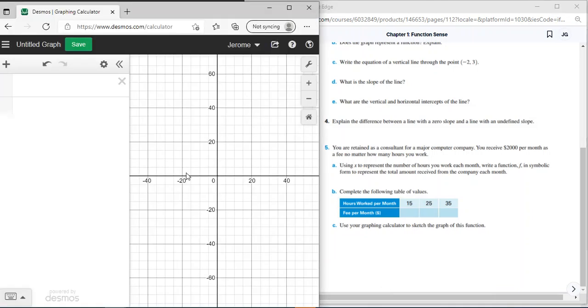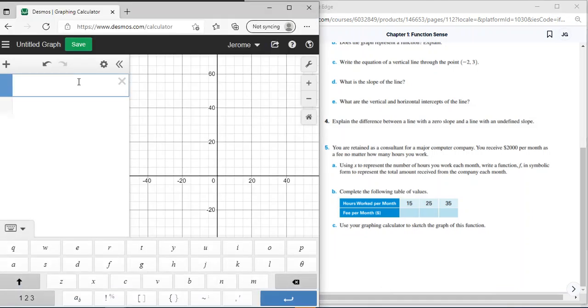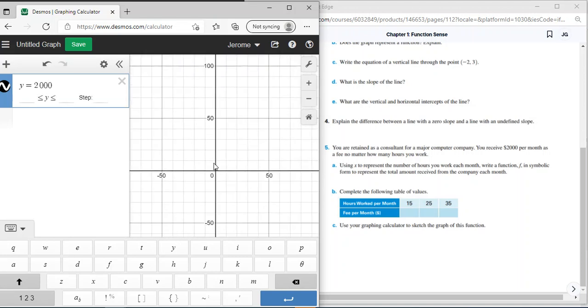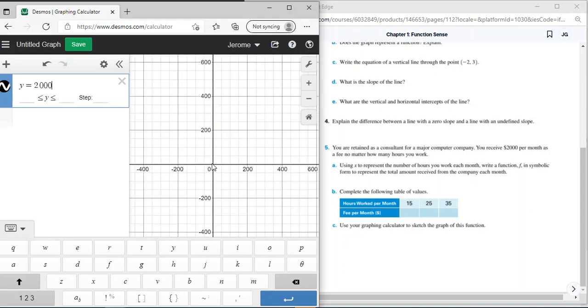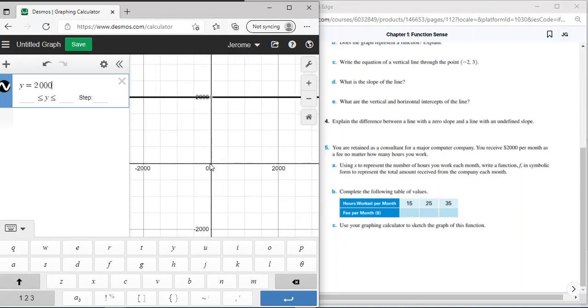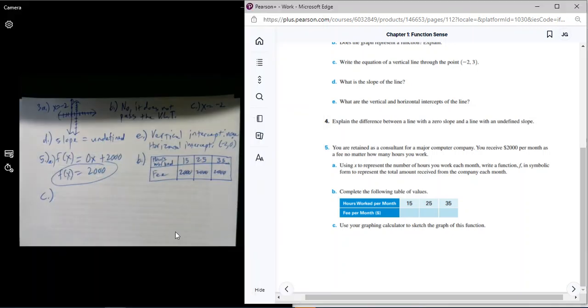So we're going to pull up Desmos, and we're going to type in y is equal to 2,000. Now you have to narrow this in a little bit. And then now you see the line, the horizontal line, y is equal to 2,000. Okay, so now that would take care of C.